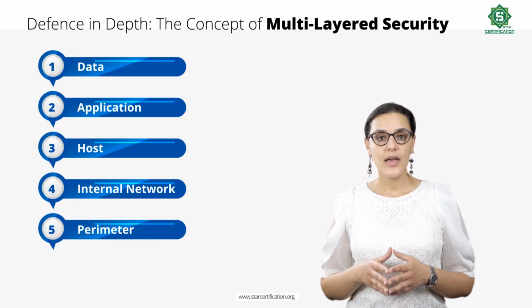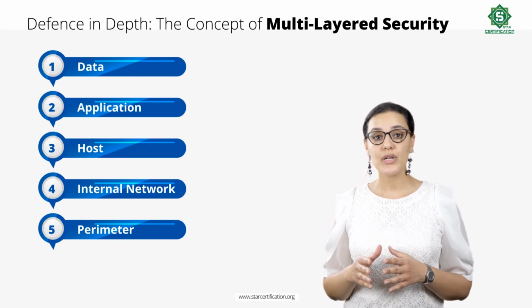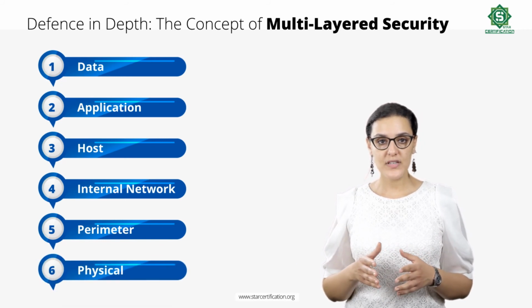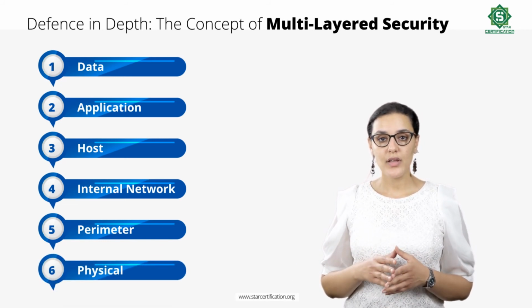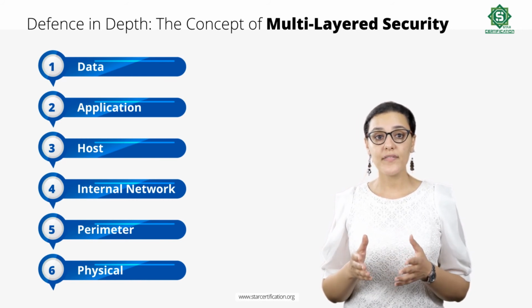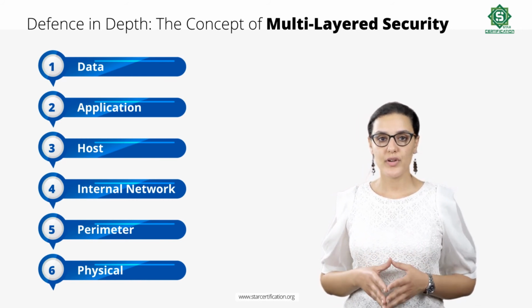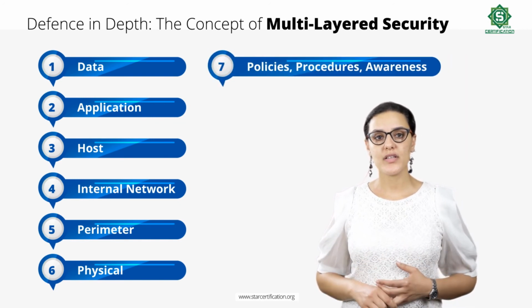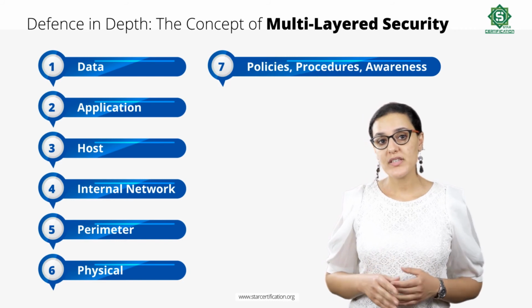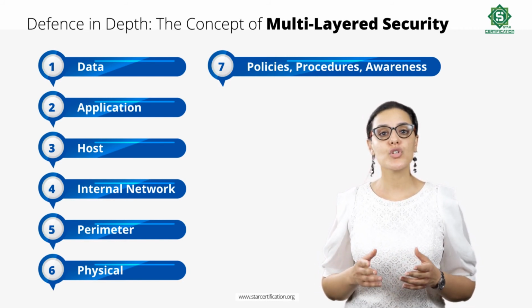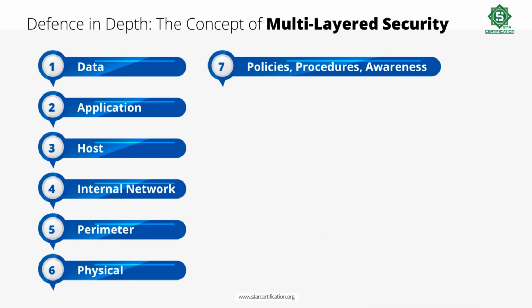Perimeter. It is a network that connects the private network of the organization to another network. Physical. This category includes all the physical devices such as servers, hard disks, switches, and networks. Policies, procedures, awareness. The overall administrating policies, procedures, and awareness of the security approach in any organization.